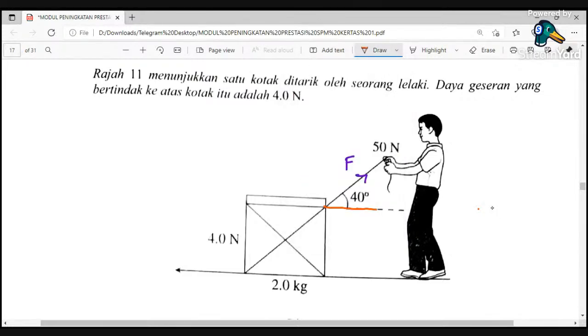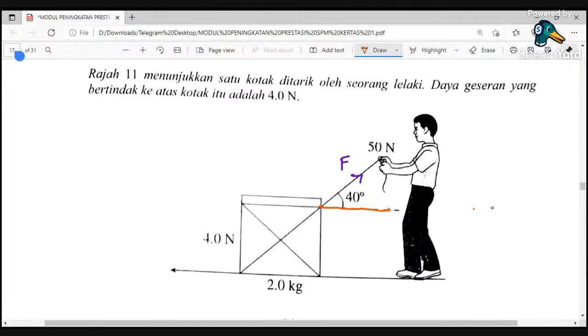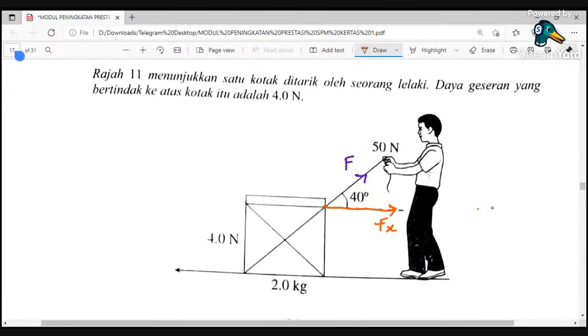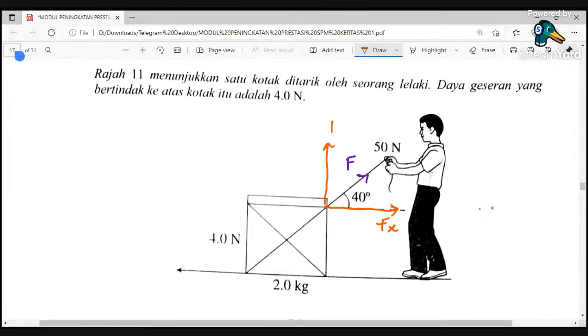Resolve to here, component horizontal. Ini component vertical. Object move like this. Okay. So the resultant force that causes object to move is caused by horizontal force only, because direction is horizontal.